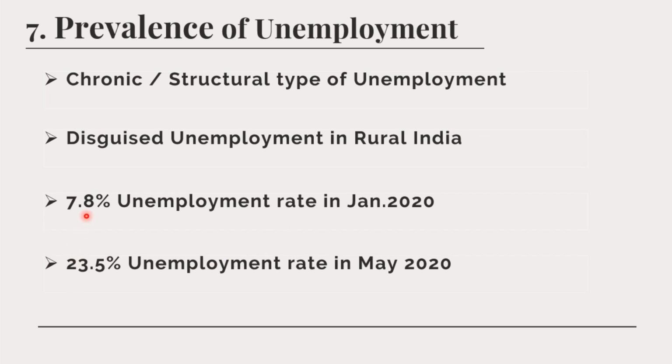The rapid increase in the unemployment rate we can see here within 3 to 4 months because of the lockdown. Most of the laborers who used to work in the unorganized sector got affected with this lockdown situation and they became unemployed. So this is the overall brief scenario of the prevalence of unemployment in our Indian economy.